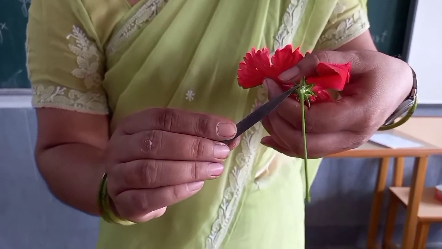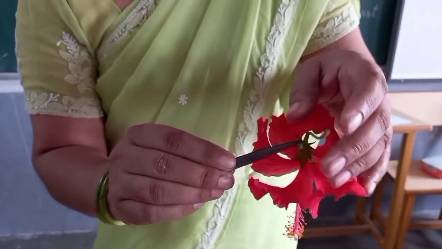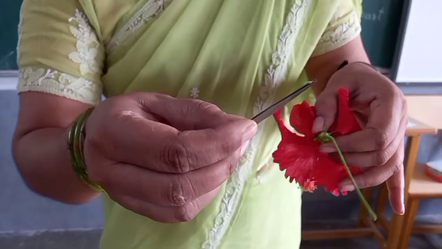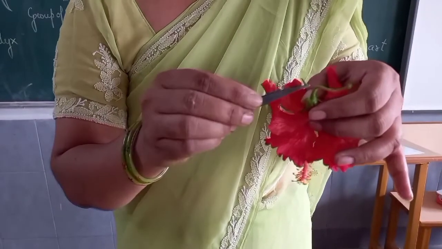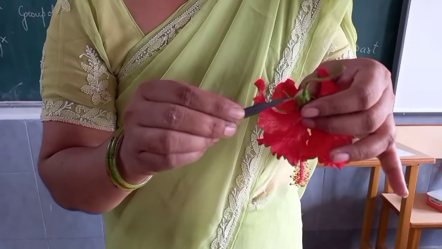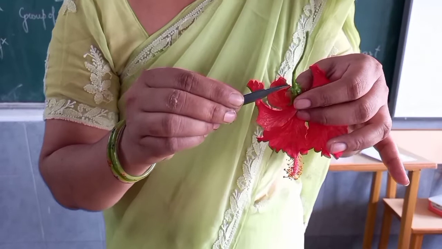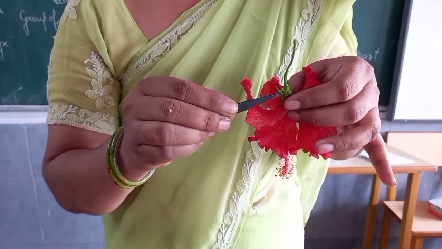The single one, if I am taking out a single green leaf from here, this one, the single is known as sepal. But if we are taking out all these green leaves together, then they are all together called calyx.